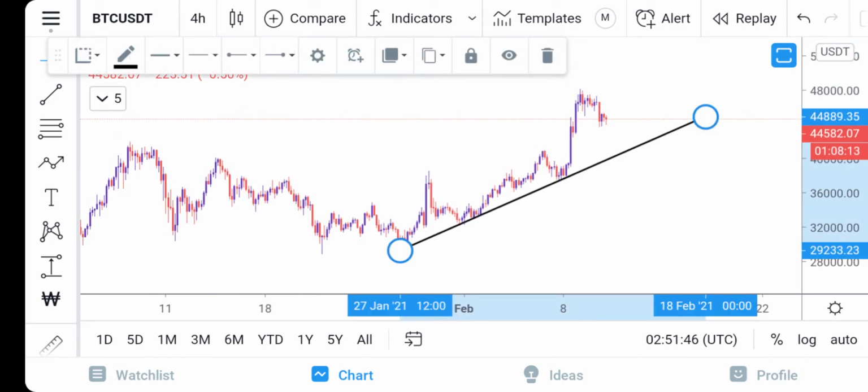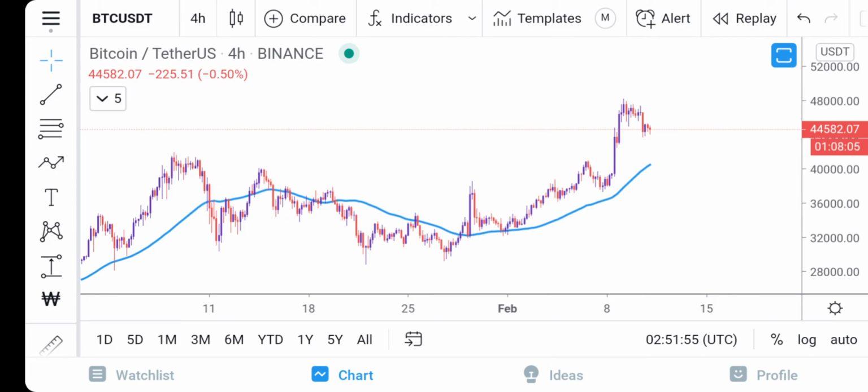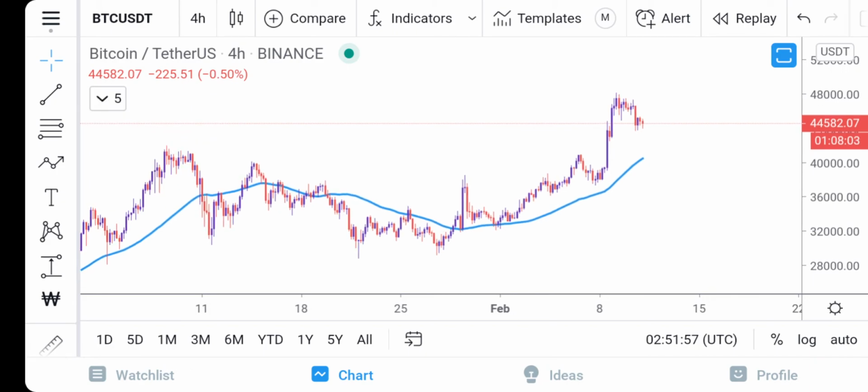Another type of market structure I'm going to explain now is the moving average. So let's put the 50 period moving average here. Remember, I said that moving average is also used to find areas of value, supports and resistance, and you can see it here.